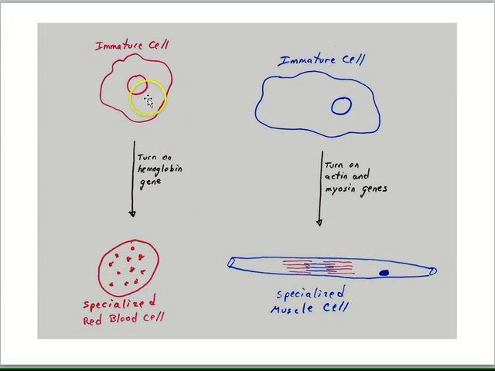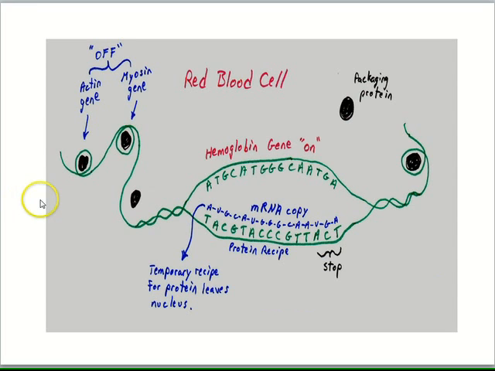If we were to peer in the nuclei of these cells, let's take a look at what's happening to a portion of the chromosome, a little stretch of DNA. Let's first start with the red blood cell. Here's just one portion of a chromosome in a red blood cell, or the immature cell that will turn into a red blood cell. Notice what we have here, the hemoglobin gene. Remember, a gene is just a stretch of DNA.